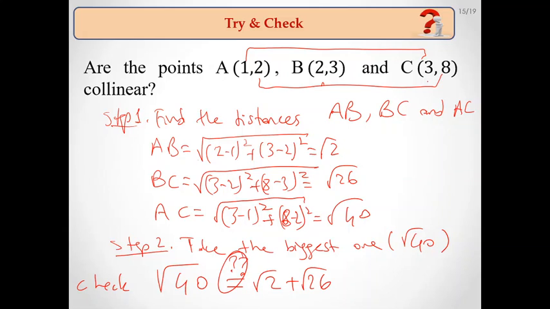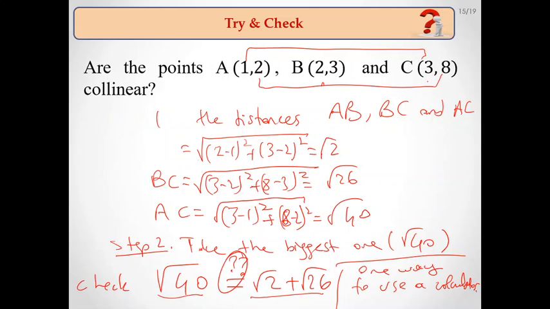Now, how can we check it? We have to compare these two values. How can we check it? One way is to use a calculator. Then you can find this numerically and find this one numerically and say which one is bigger than the other one.